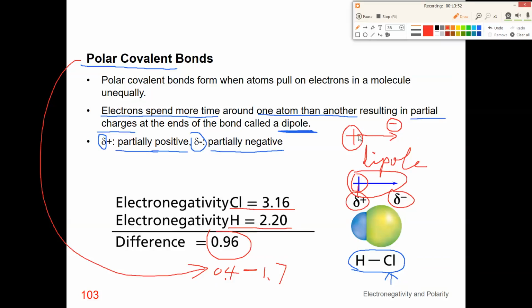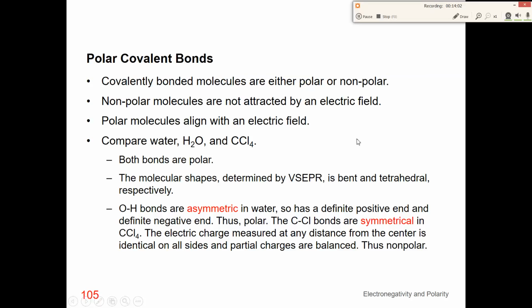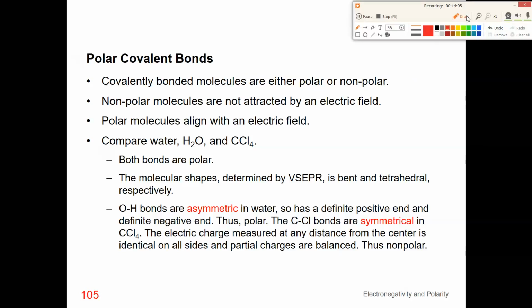You can use a dipole to represent a polar covalent bond. A covalent bond, either polar or non-polar, is in between ionic and pure covalent.